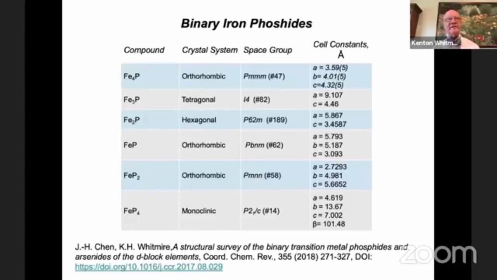You can see from this table that there are at least 6 known iron phosphide phases with a wide range of stoichiometries. And so that poses a challenge, even by conventional solid state methods, of how you target and make one of these particular phases in a pure form.